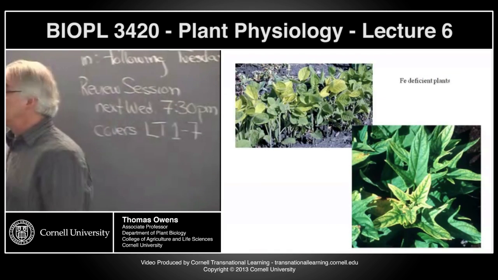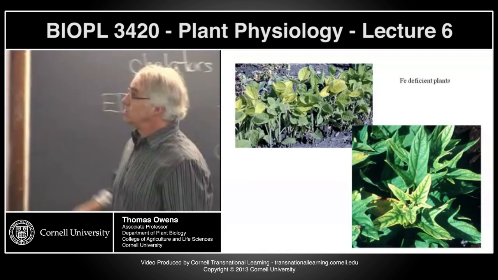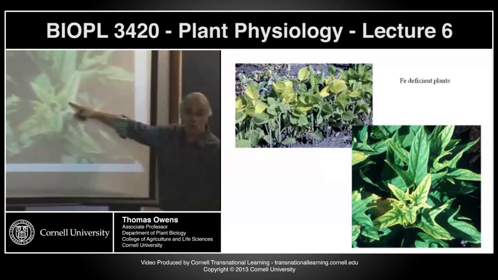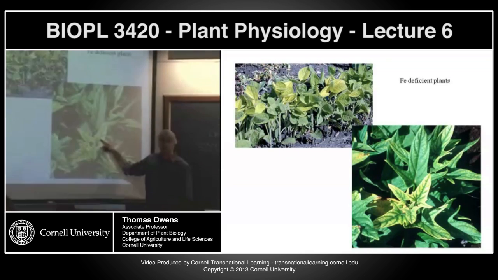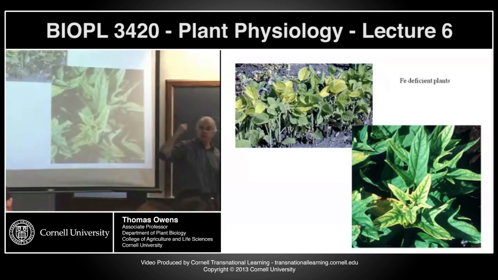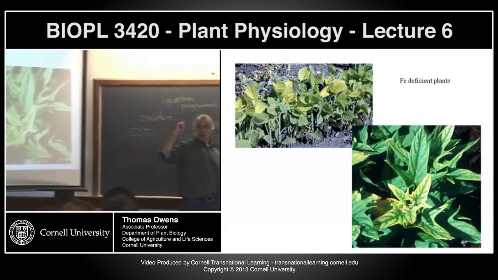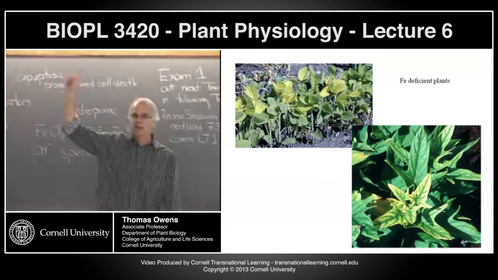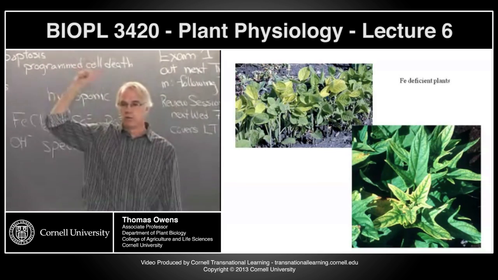So here's iron-deficient plants. And what you see doesn't really show up quite as well as I'd like, but the yellow and white is not in the old leaves, but it's in the newest leaves. So right away, when you see deficiencies that is primarily in the newest leaves rather than the old leaves, the first thing you say is non-mobile nutrient.